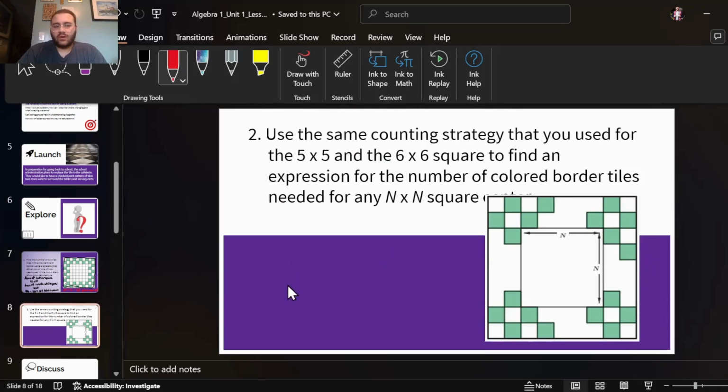And so this is the crux of the entire lesson. We want to use the same counting strategy that we used before, except now we have an n by n interior area here that could grow. It could be any area. And the goal is for you, the student, or you, the teacher, to be able to take that counting strategy that we used in the previous 2 questions and apply it to this question.